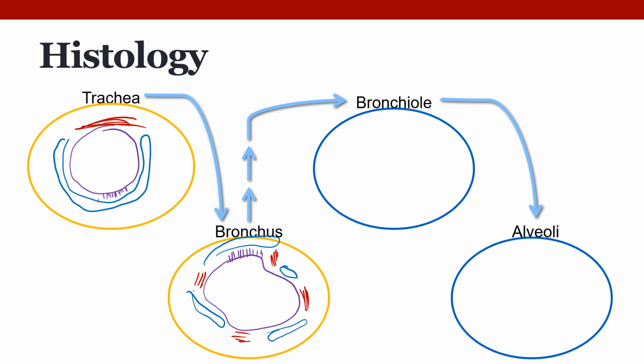The bronchiole has more of a cuboidal epithelium, it has no cartilage, but it has smooth muscle bands aplenty, allowing it to do that full bronchoconstriction that we talked about earlier.